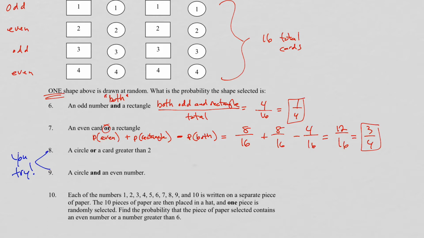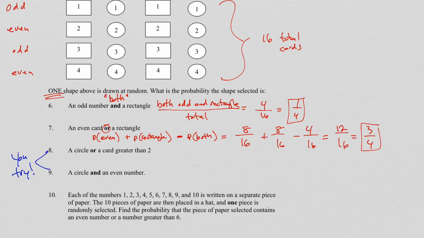Where does the minus come from again? It's part of the formula. So evens are right here, right? And then rectangles are right here.